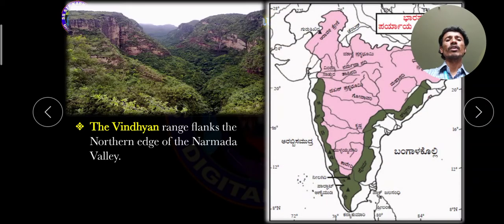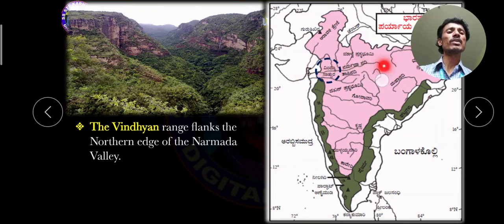Then another one, the Vindhyan ranges. Flanks means wing. The Vindhyan ranges flank the northern edge of the Narmada Valley.